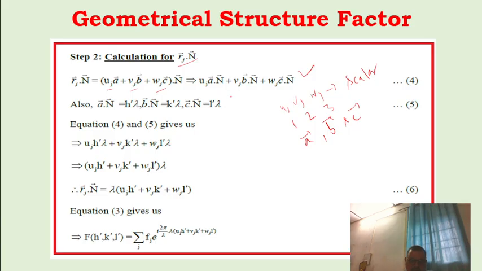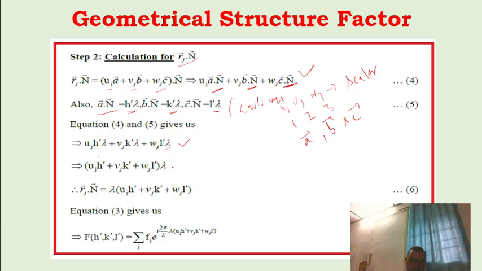This is also from the Laue equation. Again we have the Laue equations: a vector dot n vector equals h dash lambda, b dot n vector equals k dash lambda, c dot n vector equals l dash lambda. On putting these values in the previous equation, we have uj times h dash lambda, vj times k dash lambda, and wj times l dash lambda.